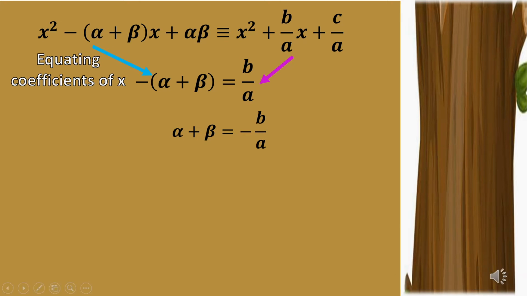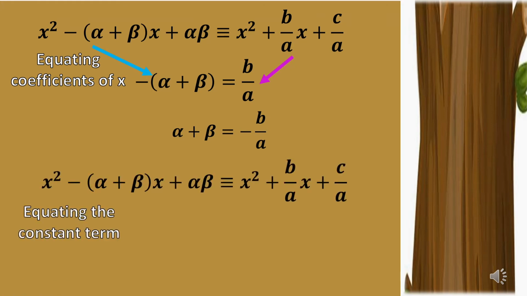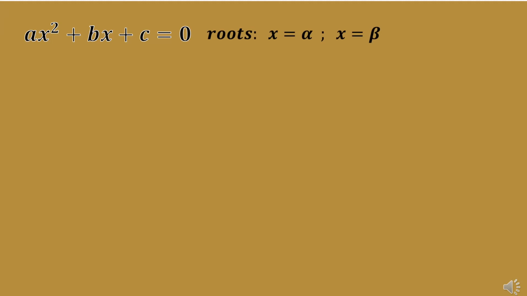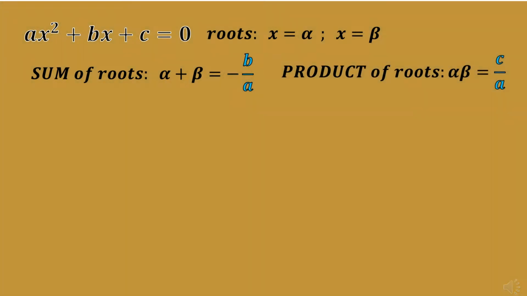Let's go to the third terms. Equating constant terms gives alpha beta is equal to c over a. So, when the quadratic equation ax squared plus bx plus c has roots alpha and beta, the sum of roots, alpha plus beta, is equal to negative b over a, and the product of roots, alpha beta, is equal to c over a.